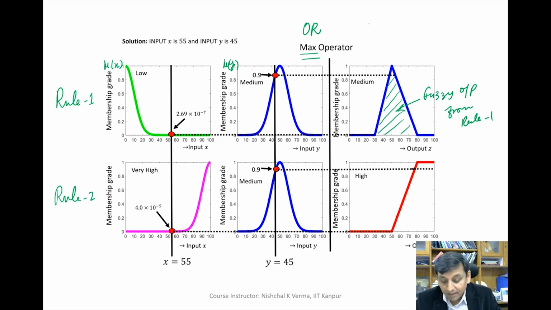Now on the same lines, if we move to rule number 2, we get the point of intersection here for very high, 4.0 into 10 raised to the power minus 5, and for y is equal to 45, we get 0.9. Here also we get 0.9 as the max of these two values, and when we use this value for truncation, we get this as the fuzzy output here.